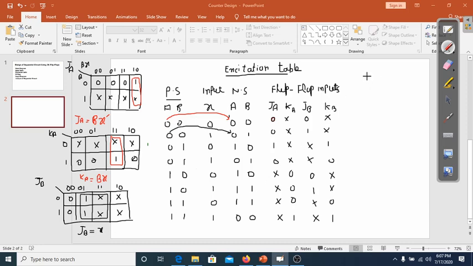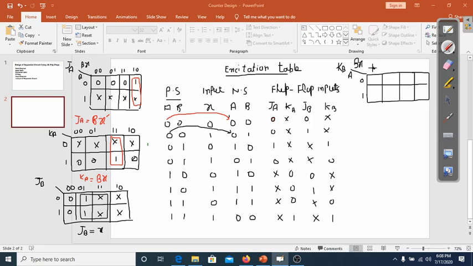Now let me simplify for KB. Here we have BX along rows, and along the column we have A. A could be a 0 and 1.